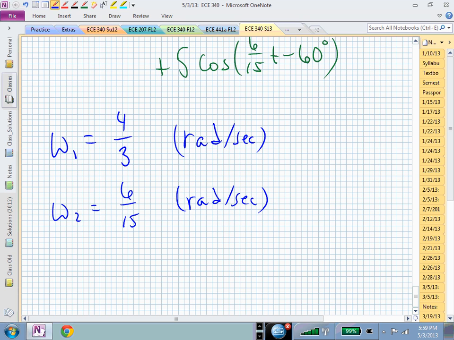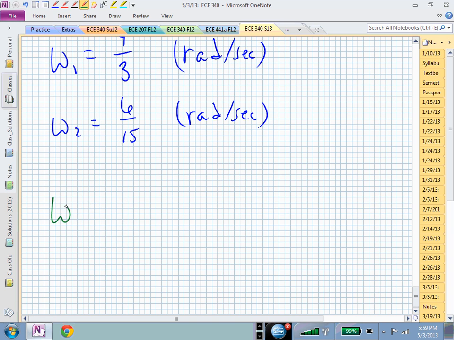And we have this neat little procedure for finding those. We could say our fundamental frequency is now the greatest common factor of 4/3 and 6/15.